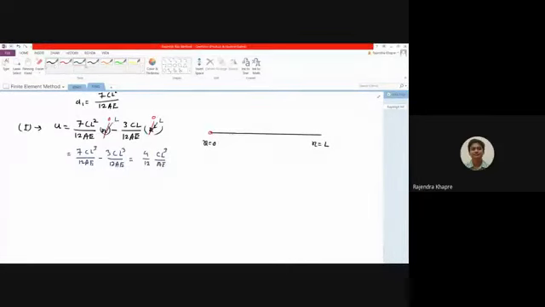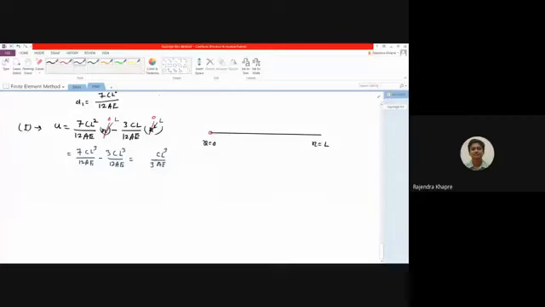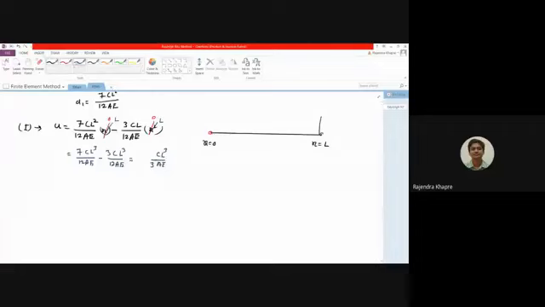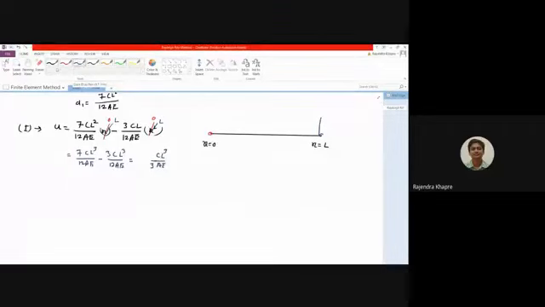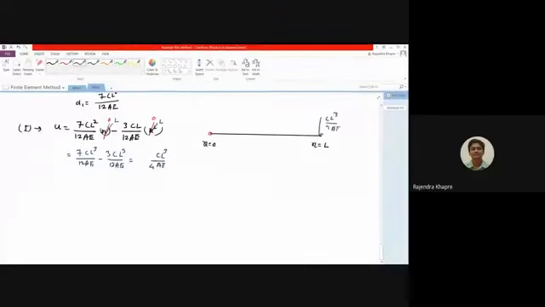So 4 by 12 can be written as 1 by 3 also. So the displacement here will be 1 by 4, so you will be getting CL cube divided by 4 times AE.